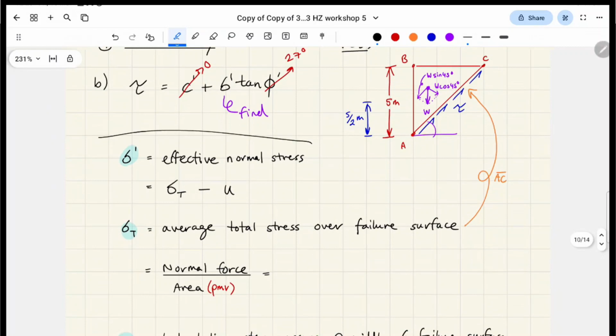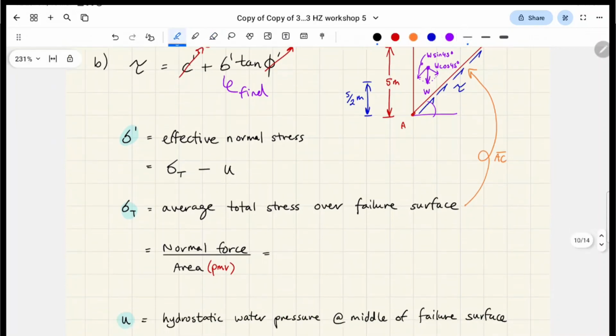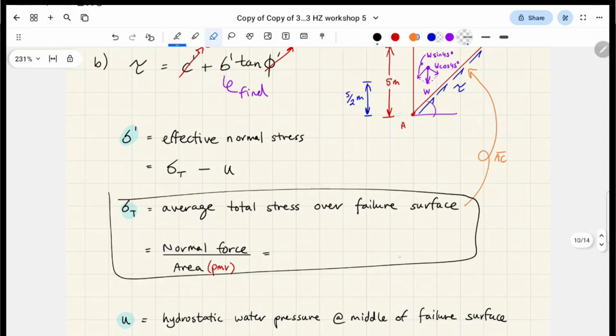Basically, what we need to plug into here is the effective normal stress. The effective normal stress has 2 components which you have to subtract off each other, which is the total stress minus the pore water pressure. So let's find the total normal stress first.